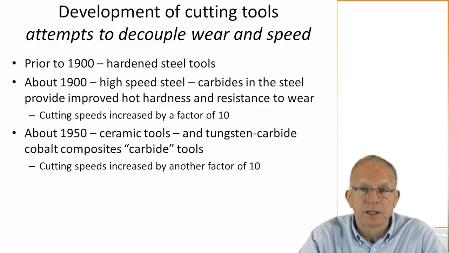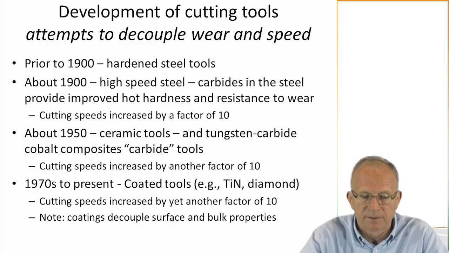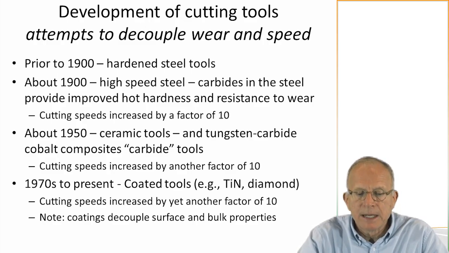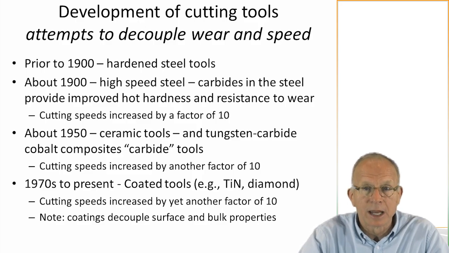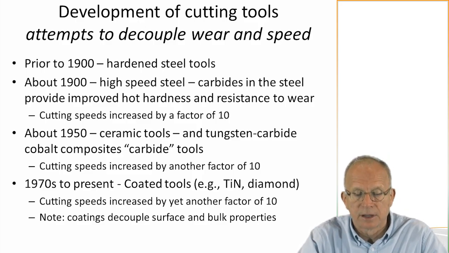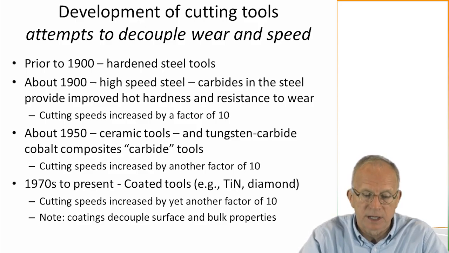And cutting speeds increased by another factor of 10. From the 1970s to the present, we see many kinds of coatings coming in, like titanium nitride, and diamond. And some of these are layered advantageously and in multiple layers. And cutting speeds have been increased in some cases by yet another factor of 10.